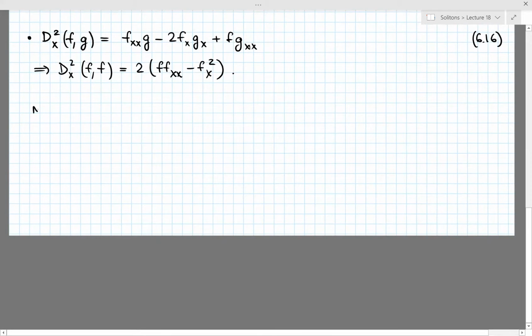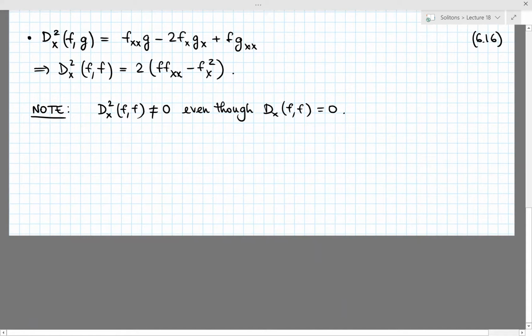And let me make an observation here, which is that Dx squared acting on the pair of functions f comma f is non-vanishing, even though Dx acting on f comma f is equal to 0. Indeed, Dx squared acting on f comma f is not Dx acting on Dx, which acts on f comma f.